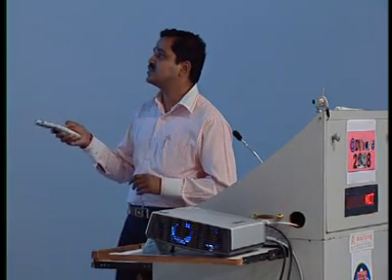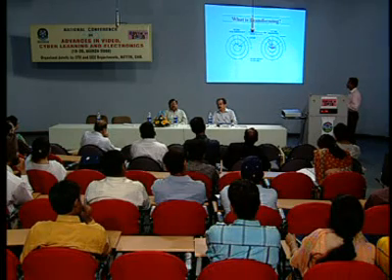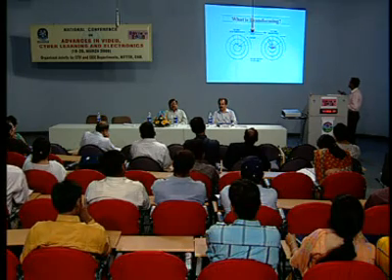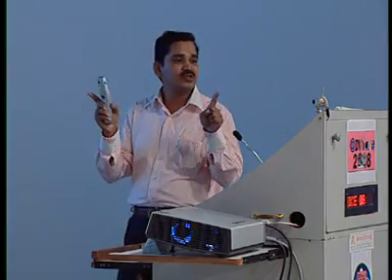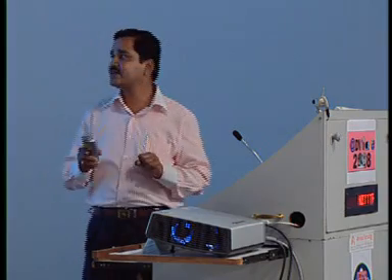So see these blue lines and these red lines. First your antenna will find out the direction of arrival, right? After finding out the direction of arrival, it will form the beam in that particular direction, right? So one is finding the direction of arrival, second is the beam forming technique, right? Both of these things are the job of the smart antenna technology.